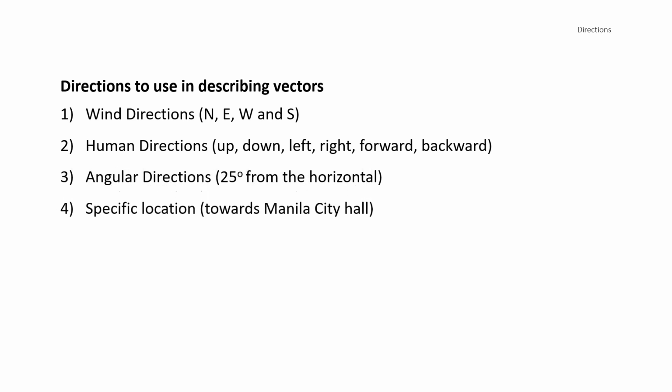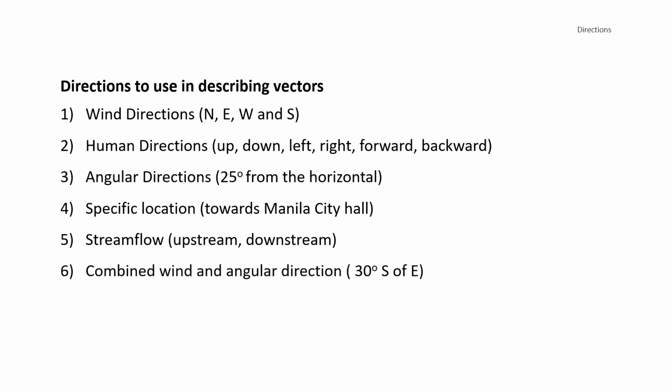The specific location can also describe a vector, an example is towards Manila City Hall. Stream flow is also used in describing vectors, like the speed of a boat moving either upstream, downstream, or even across the stream. Often, angular and wind directions are combined, such as 30 degrees south of east.